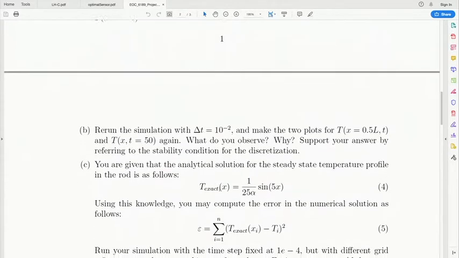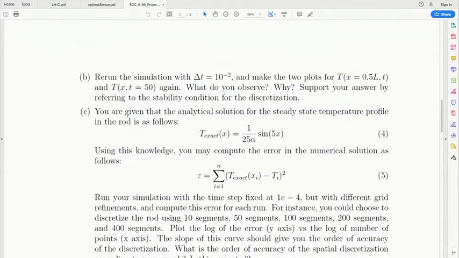In part C, you're told that at steady state there is an exact solution for the temperature in the room, and that follows this equation. Your numerical solution will, of course, have some error, and this is one way to compute the error.